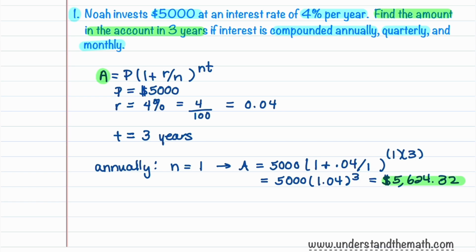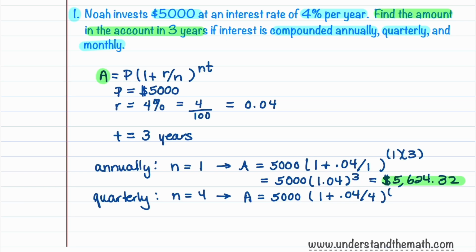Now let's see how much money is going to be in the account in 3 years if the compounding is done quarterly. When the compounding is quarterly, it is done 4 times a year, so N is going to be equal to 4. And then A is 5,000 times 1 plus 0.04 divided by 4.